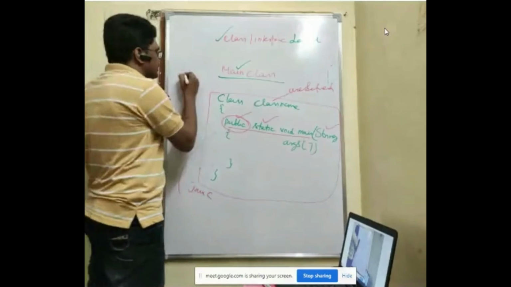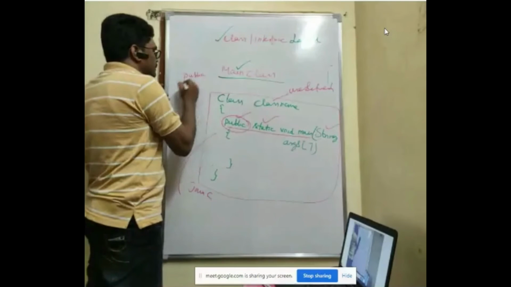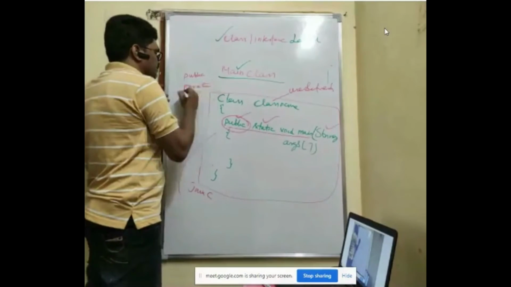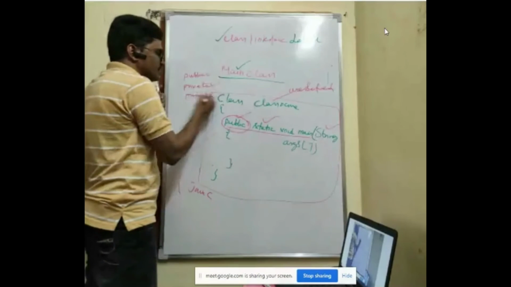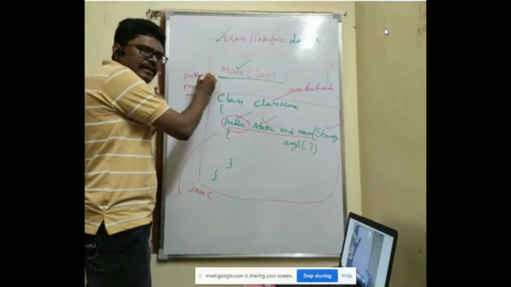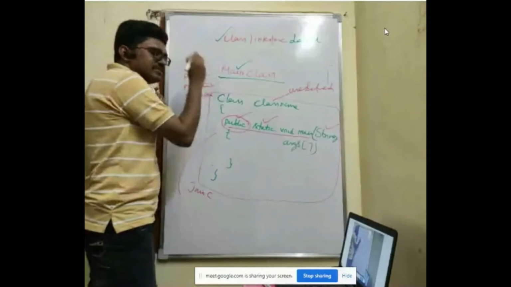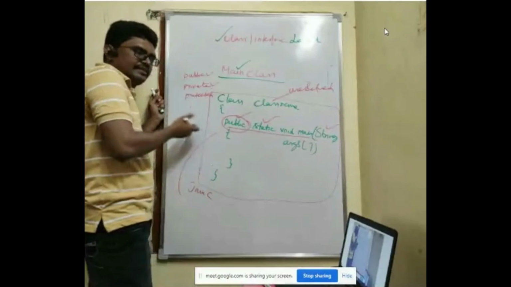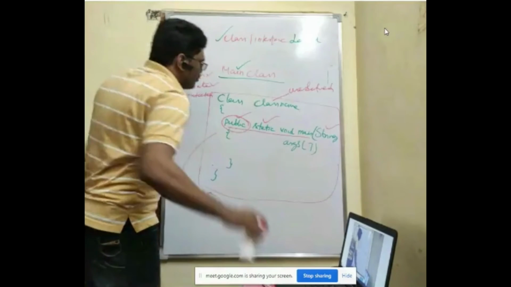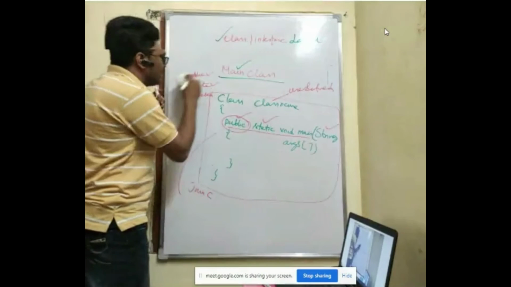So there are three keywords: public, private, protected. At present you know these two, the rest we'll see afterwards. Public means it can be accessed anywhere. Private means it can be accessed only inside the class, not outside. Later on we'll see this. These are called access specifiers.